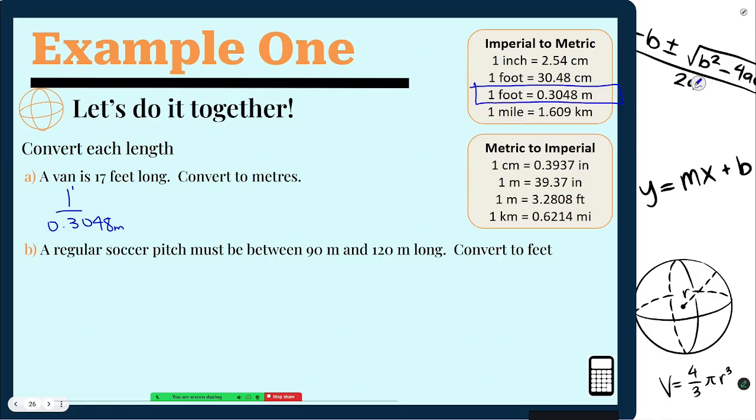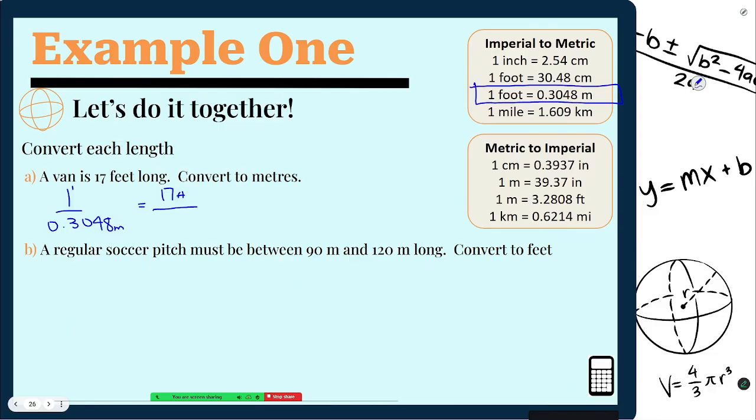So we can say 1 foot is our know, 1 over 0.3048. And that's equal to, now we need our need. Well, we have 17 feet at the top, and you can write FT, or you can use the little hash tick mark that also represents the unit feet.